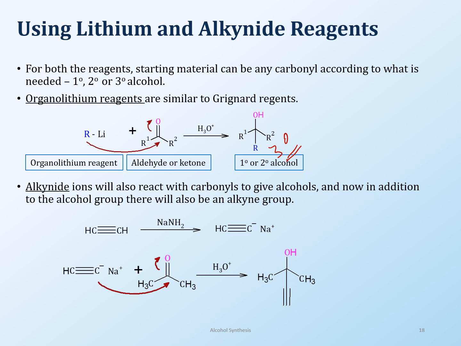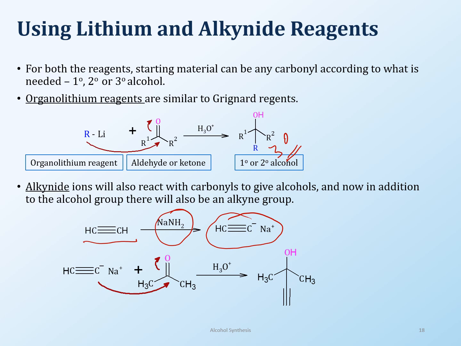So then here, in the second one, I have an alkanide ion. Alkanide ion, you've done it in alkynes. So you generate your alkanide ion using an alkyne and then sodium amide, a very strong base. Once you have an alkanide ion, this is also a sort of organometallic, and that organometallic will behave just like any other organometallic.